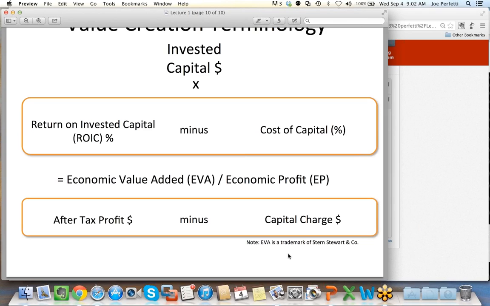So if we use different methodologies, we have to get the same answer. That's going to be key to your final exam. Your final exam is going to be, given a company's data, create a valuation for them and prove that these two methods actually give you the same answer.